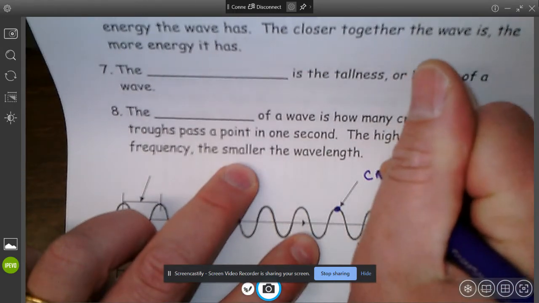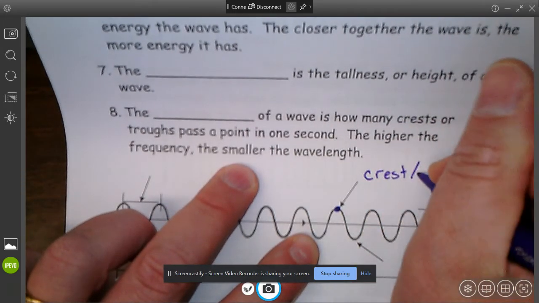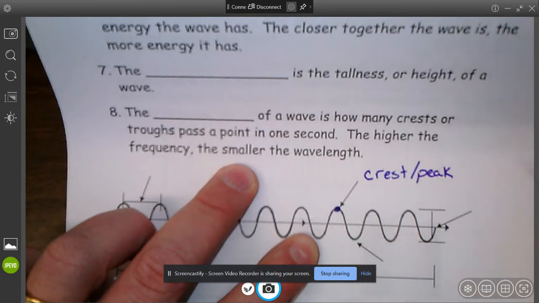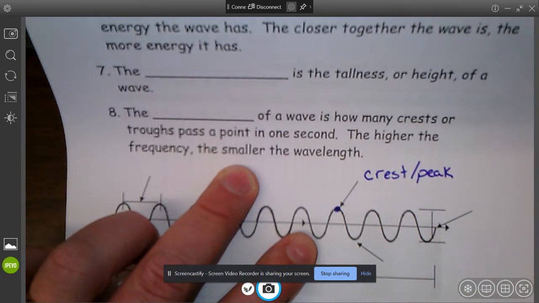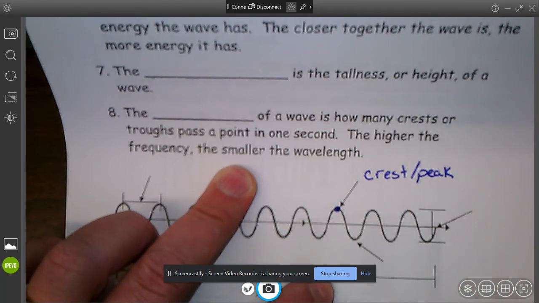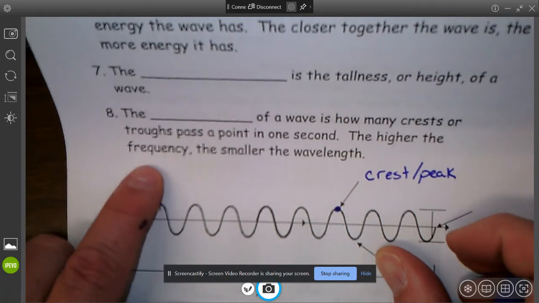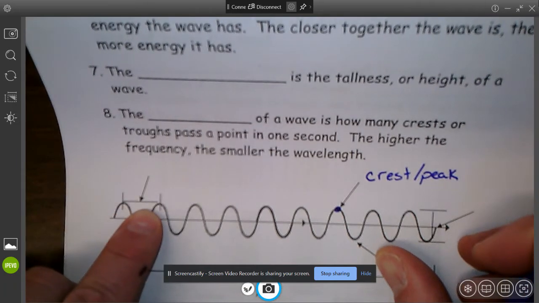That's what we're going to label as a crest or a peak. Make sure you're choosing the arrow that's pointing just to that top. We are not choosing this one. That's going to be something else.